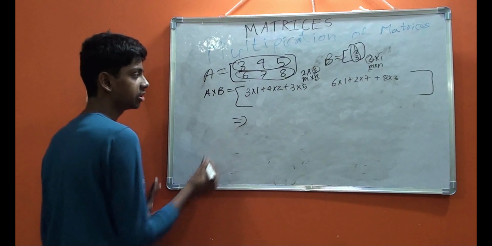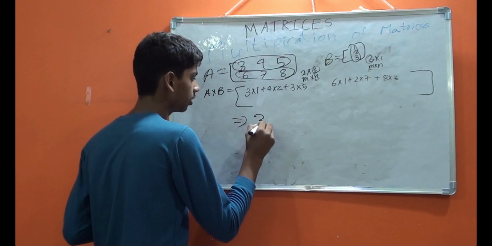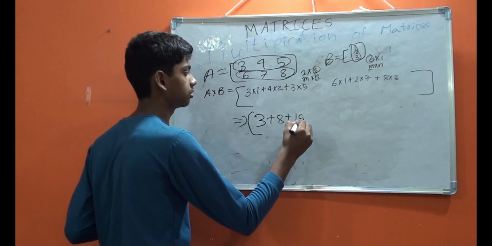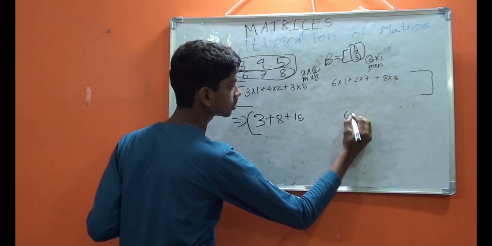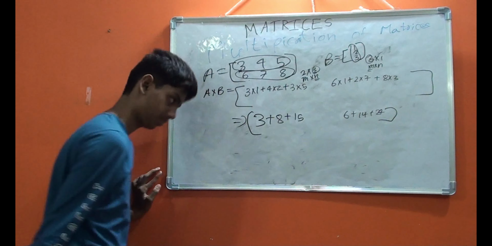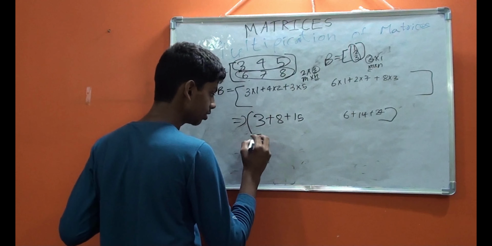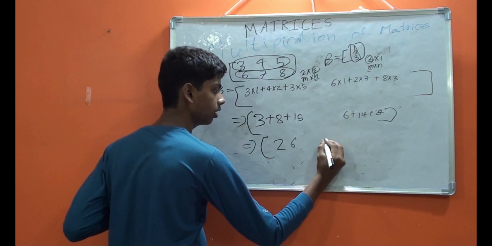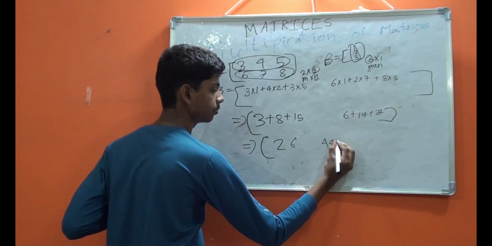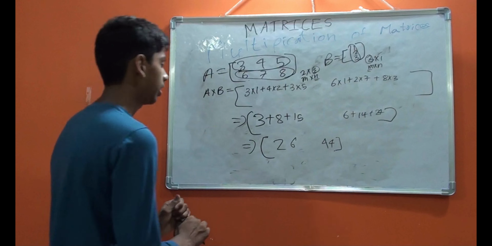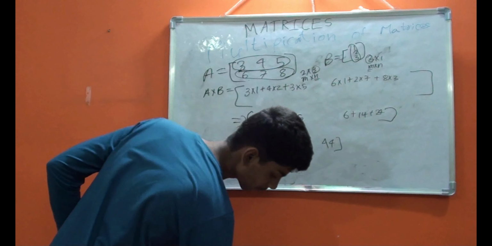So simplify this: 3 plus 8 plus 15 and 6 plus 14 plus 24. So now this equals 26 and 44. So this is the answer for A into B.